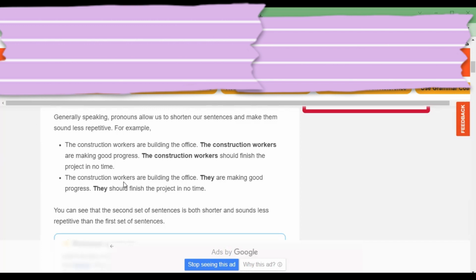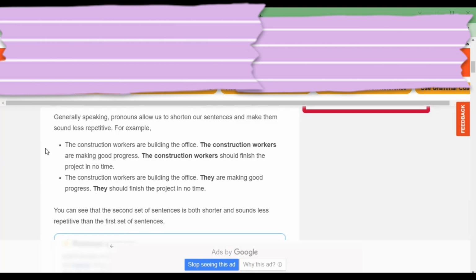Then, construction workers, plural, becomes "they": They are making good progress. They should finish the project in no time. This is a good example because we don't sound repetitive, unlike the first set, which is very long and has the repetitive phrase "the construction workers."